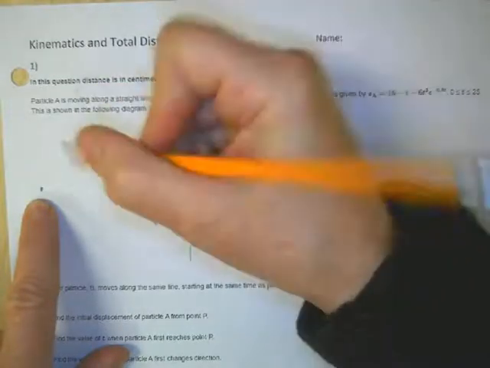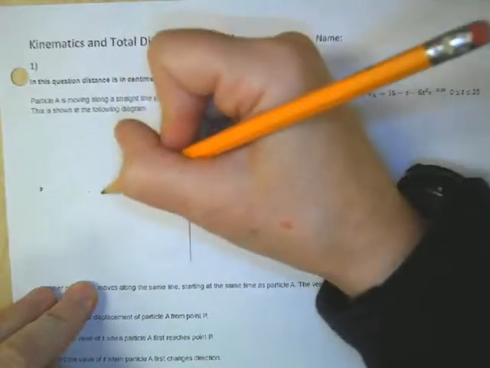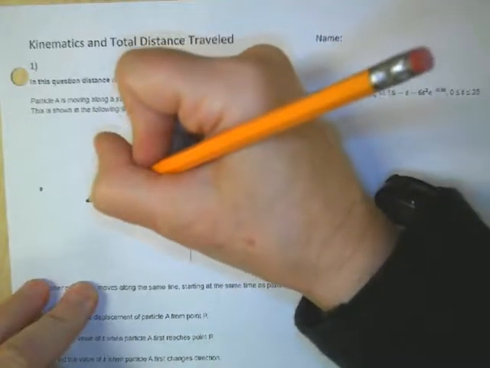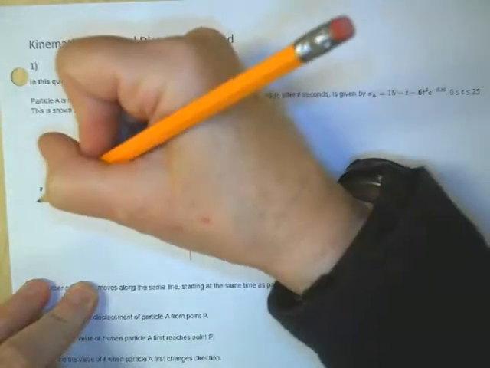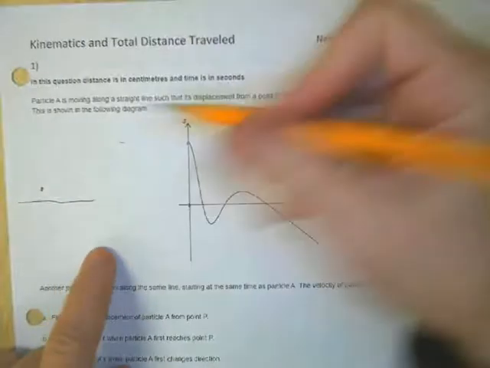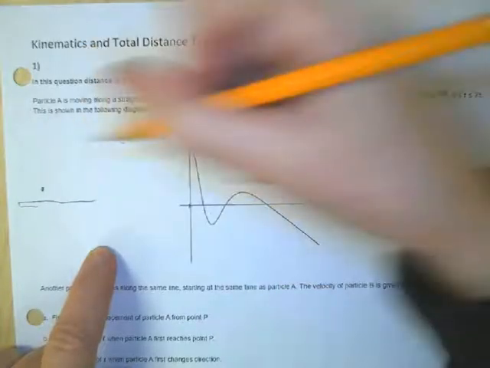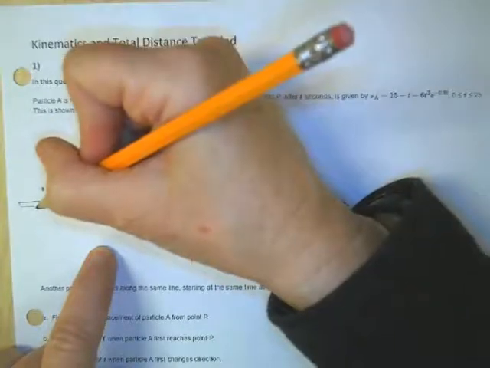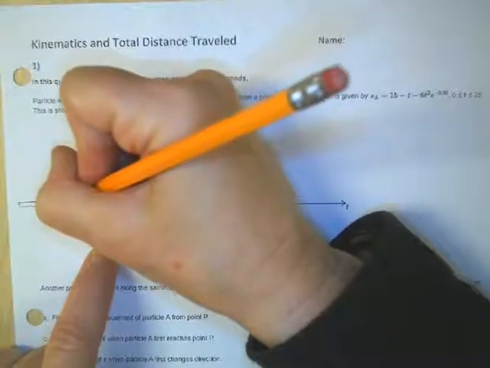It starts at a certain distance away, and then it gets closer to it, goes past it, comes back towards it again, goes past it again, then turns and goes towards it again, and keeps going.